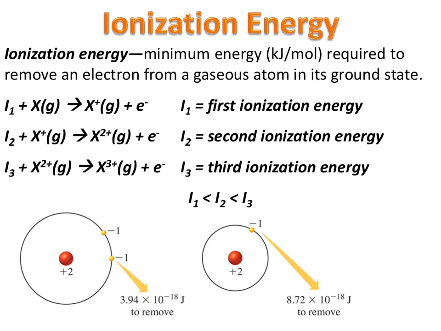If an atom has only 2 electrons, like helium, we're only going to talk about the first and the second ionization energies. Lithium will have 3, beryllium will have 4, and so forth. The first ionization energy is always less than the second ionization energy, which is less than the third and the fourth, and so forth.